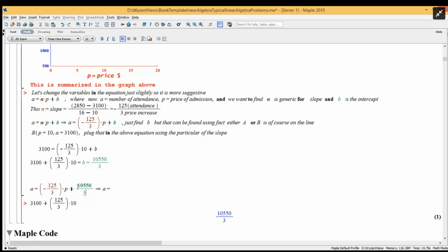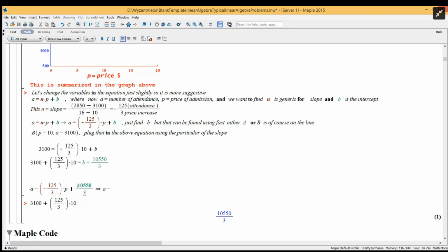Of course, if you don't charge anyone, your attendance could be infinite, but theoretically that's what b is, the interpretation. It is the value of attendance when the price is zero. So when you plug in p equals 0, A is equal to 10550 over 3, and that completes it.